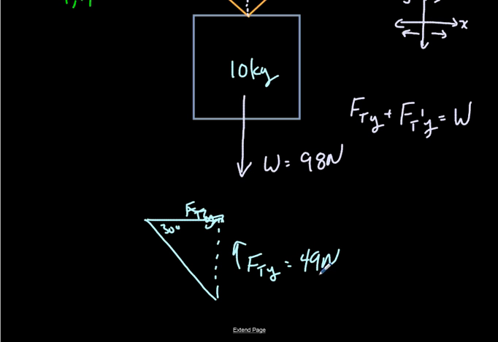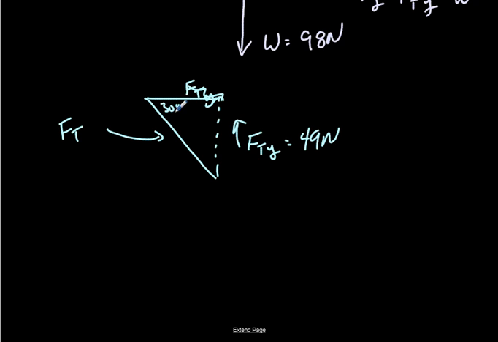Does that make sense? And if we want to solve for Ft, well, it's just a matter of choosing correctly what trig function to use, right? So what we could say then is that the sine of 30 degrees, that's the opposite over the adjacent. And in this case, opposite is 49 newtons over adjacent. Or we could say that the adjacent angle, no, did I do that right? Yeah, I did.